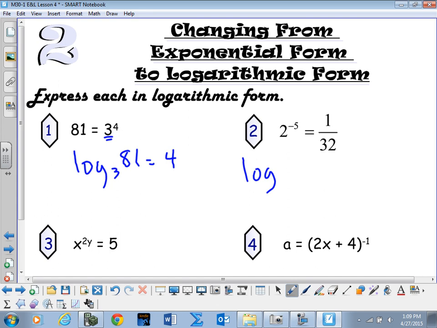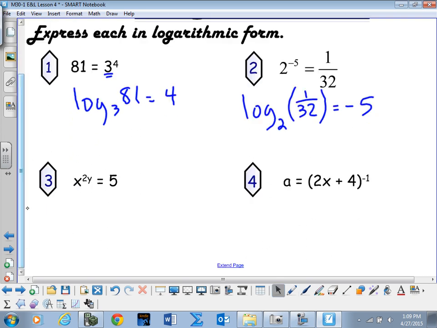Log base 2 of 1 over 32 equals the exponent negative 5. Try the next two. You can pause and try the next two. Hopefully this is what you got. Log base x of 5 equals 2y. The exponent this time is 2y.